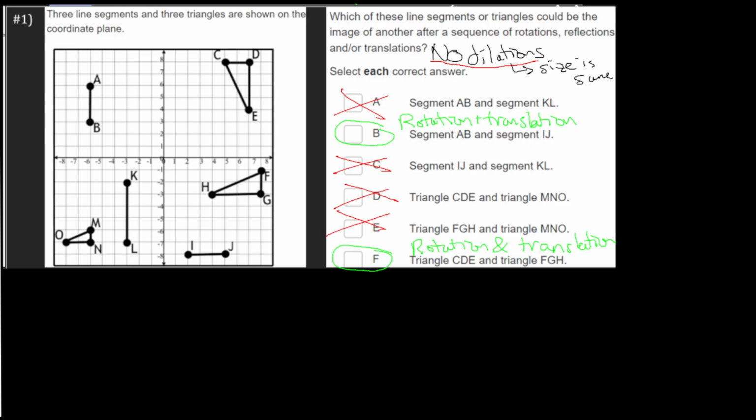So it's going to be those 2 choices for this one. So again, make sure you're careful on that one. Those rigid transformations, they don't change size. That's for dilation. So we're just asking about those 3 options.